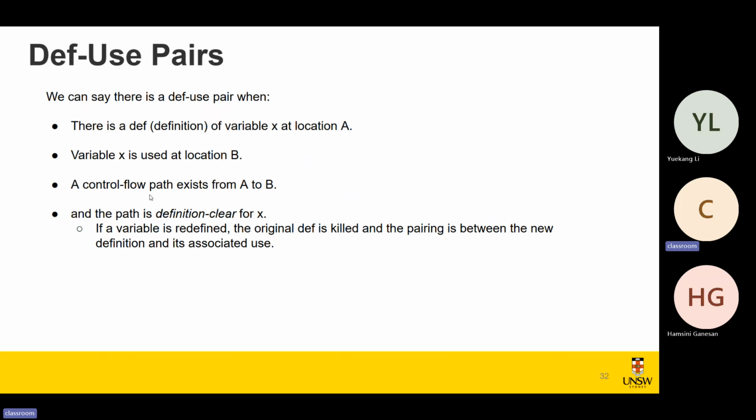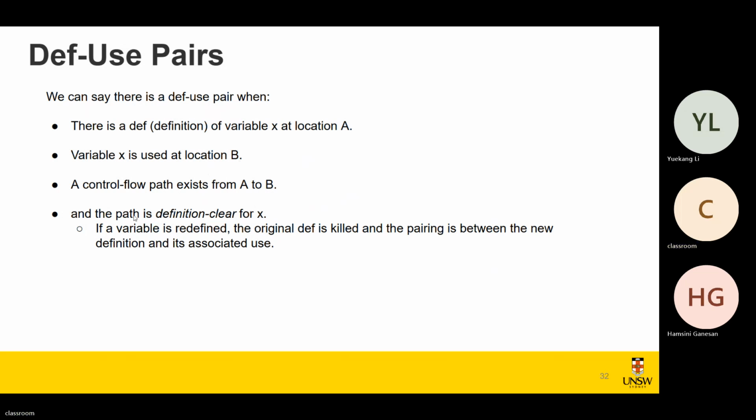The third requirement is that we have to have a path in the control flow graph from the def location to the use location. Otherwise, if there's no path between the two locations, it is not possible to run the program from the def to the use, which means the def-use pair doesn't exist. So we have to consider control flow graphs when we try to capture def-use pairs.